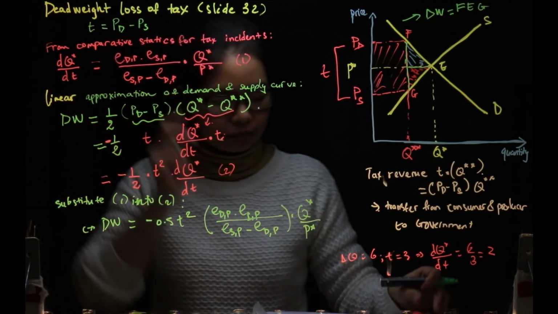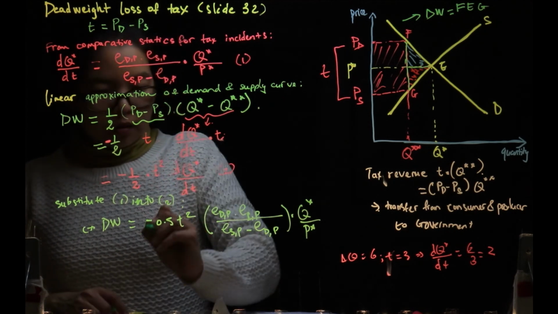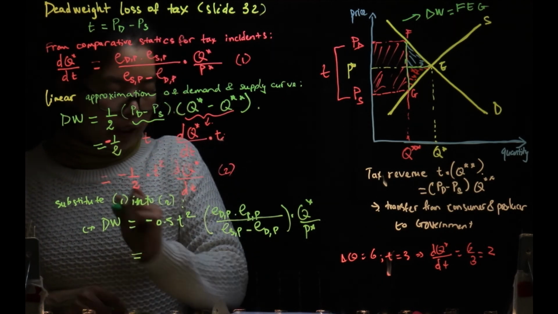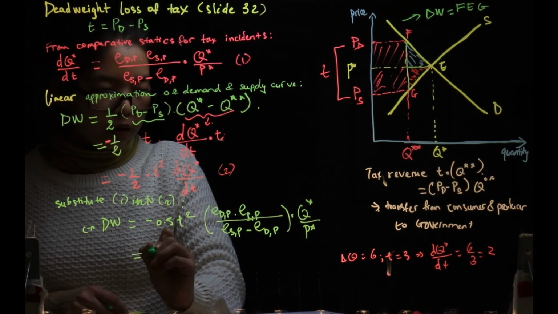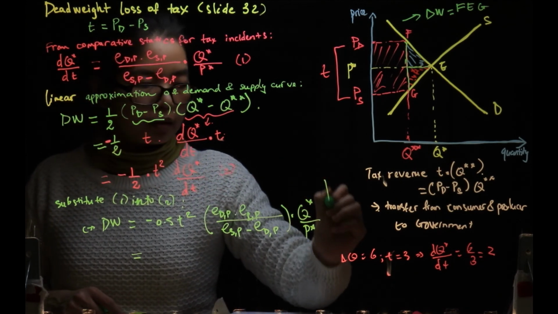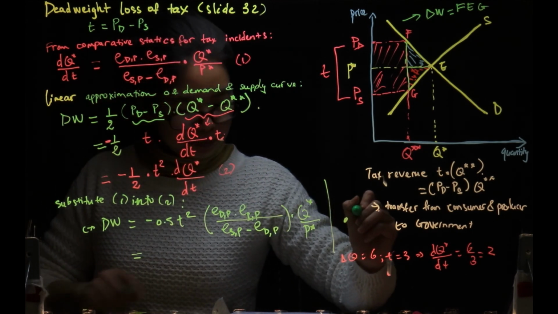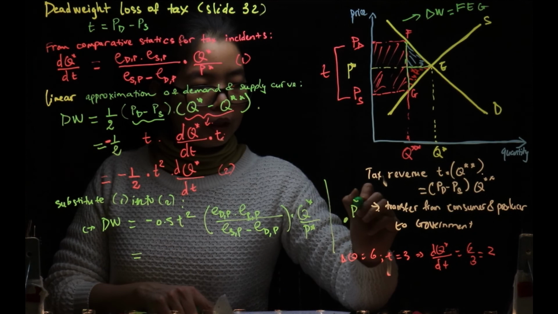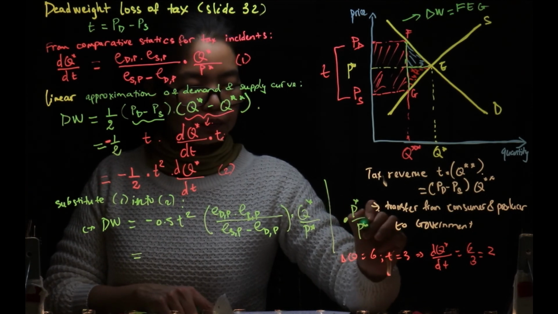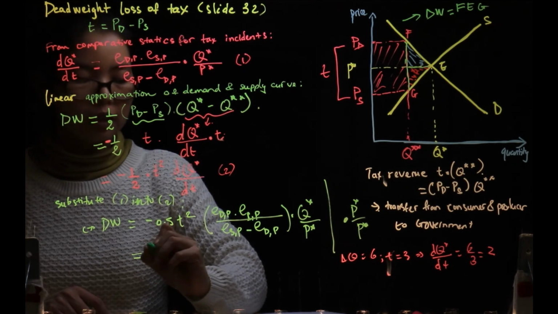We are almost there. Now, the next step is to multiply by P star over P star, just to make it meaningful for us to interpret later.